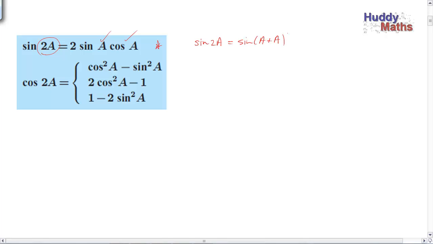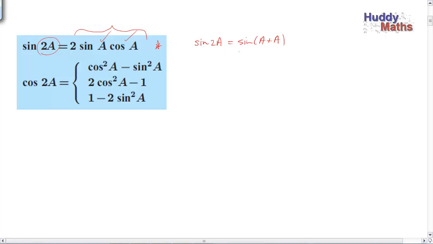Now we've done that before, haven't we? The addition formulae. Sine of a plus b: sine cos plus cos sine. Remember that from the last presentation. I want you to pause this presentation now and see if you can show that the sine of the double angle is 2 times sine of the single angle cos of that single angle.